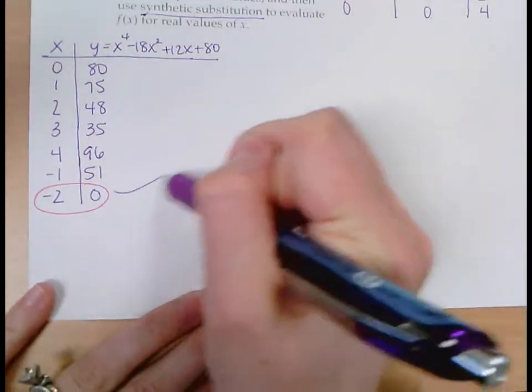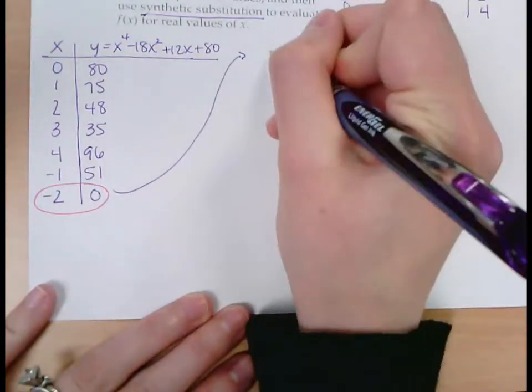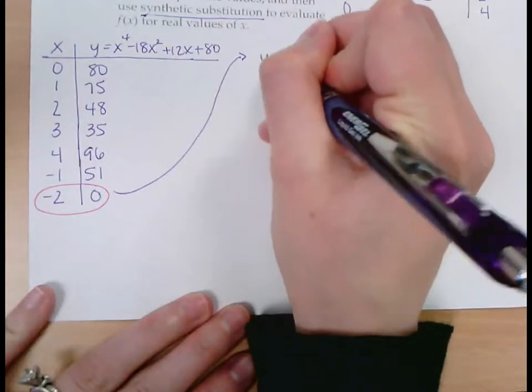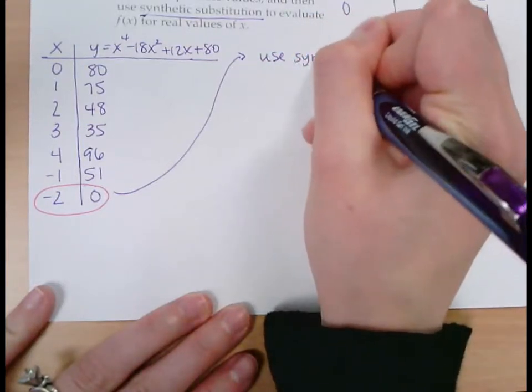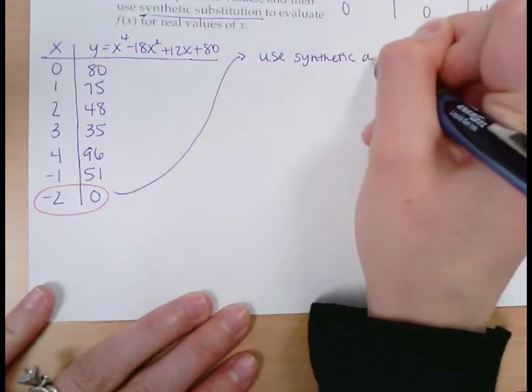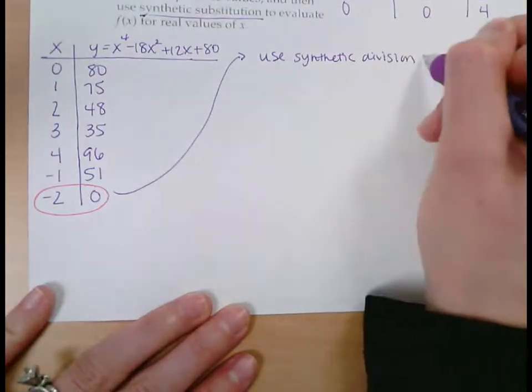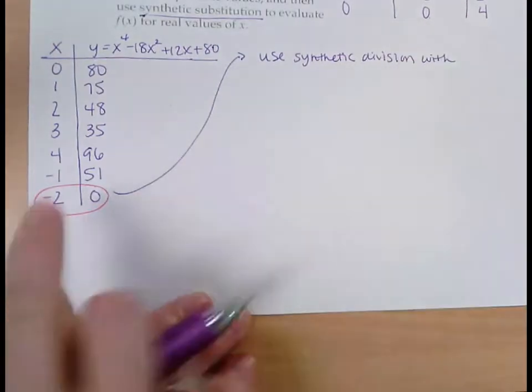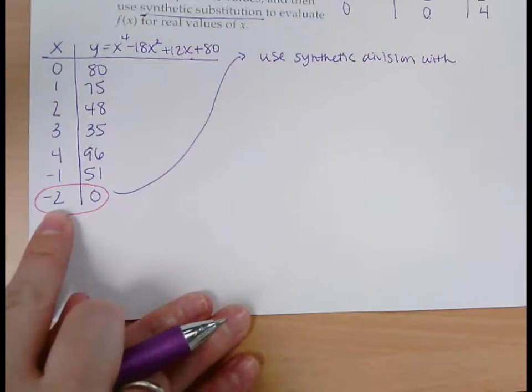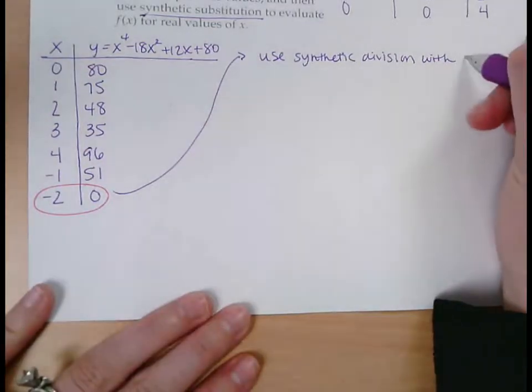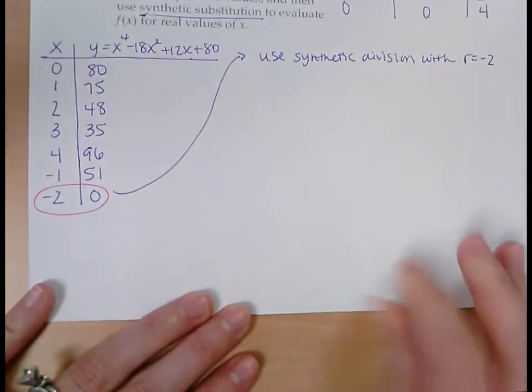You are now going to use synthetic division with the value you found, which in this case is -2 as your R value. So with R equals -2.